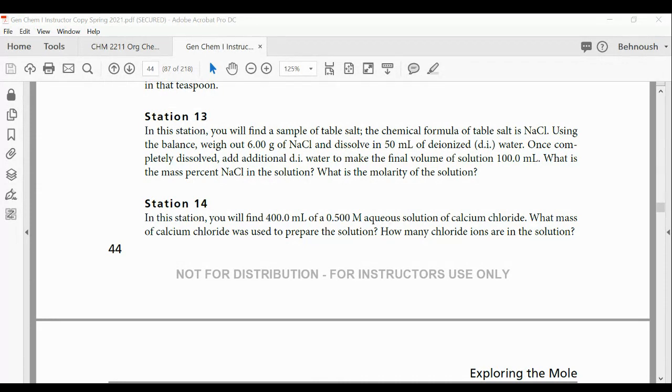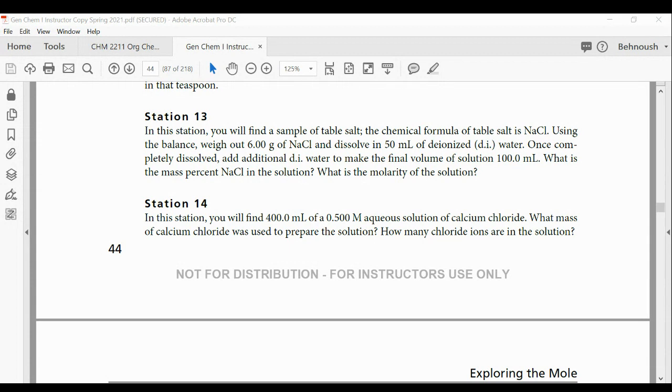So in order to find the number of moles in question 14, you say to find the number of moles from a solution, we had it already in the chat if you look at it.